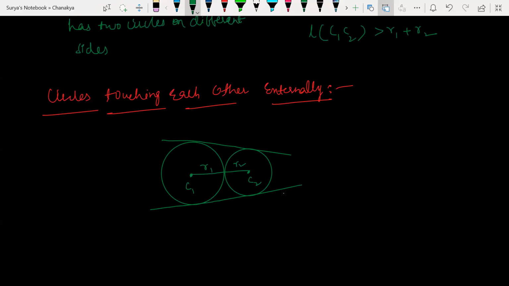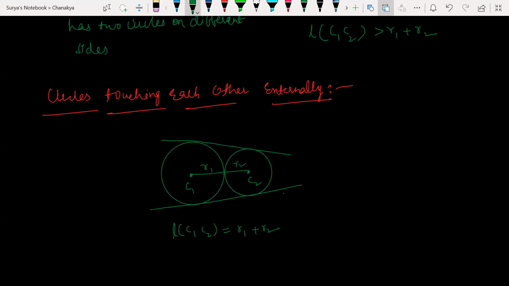R1, R2. See here, you write direct common tangent has both circles on same sides. Transverse common tangent has two circles on different sides. Same thing. Then what is the condition here? C1 C2 is equal to R1 plus R2 here.